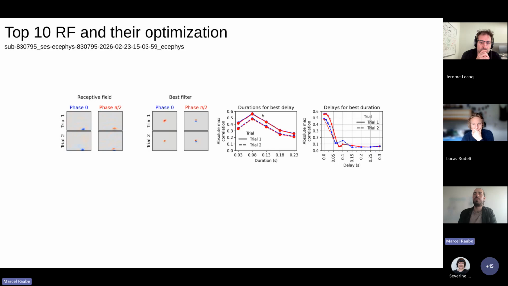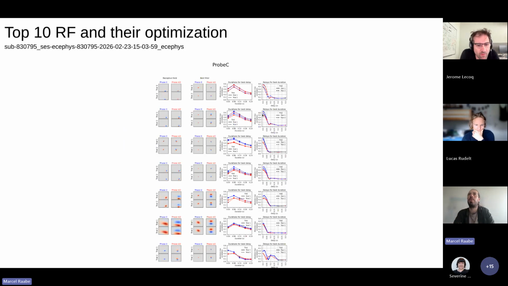Okay, so let's go to the main part and have a look at our receptive fields. Here I'm showing probe C, which aims to be located in V1. The first row is the one I've already shown you.